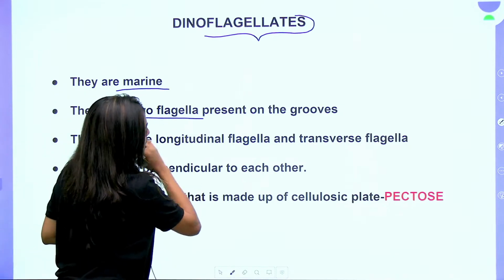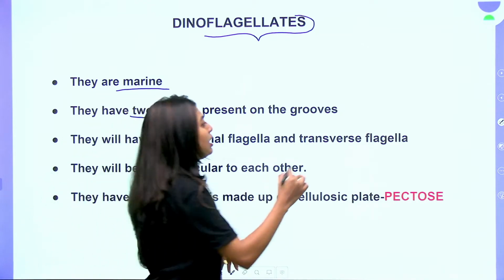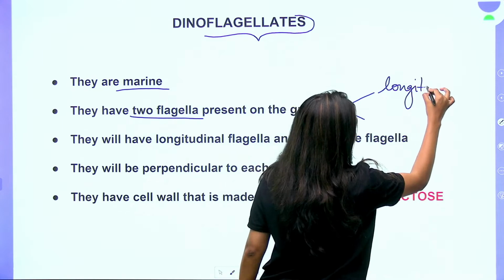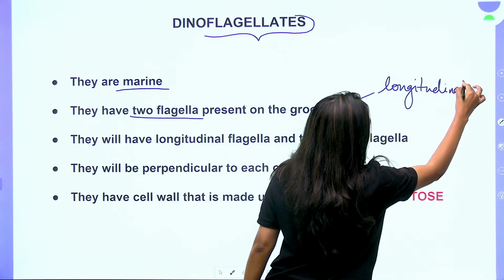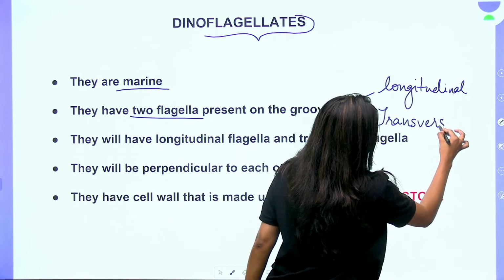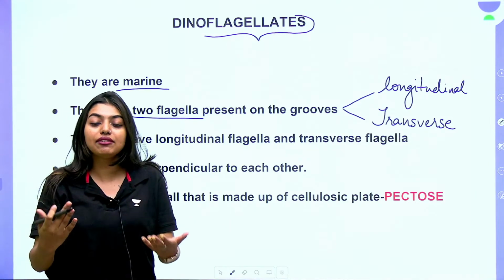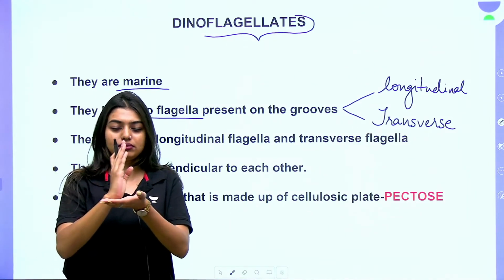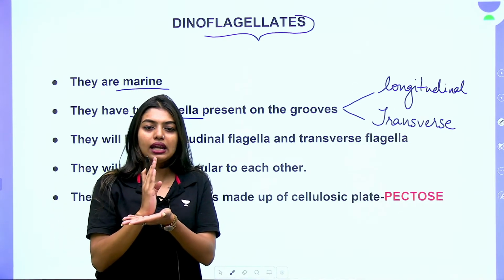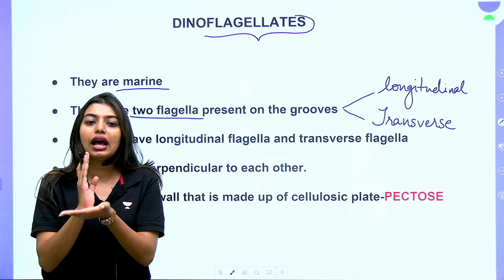They have two flagella, which means two types of flagella: one is formed longitudinally, another one is formed transversely. They have grooves. From the grooves, the longitudinal and transverse flagella arise, and they form a perpendicular structure.